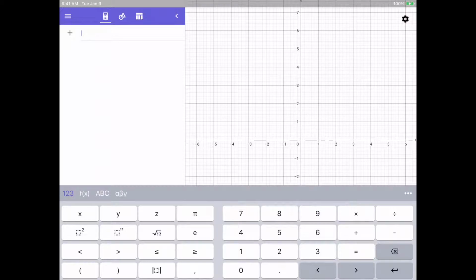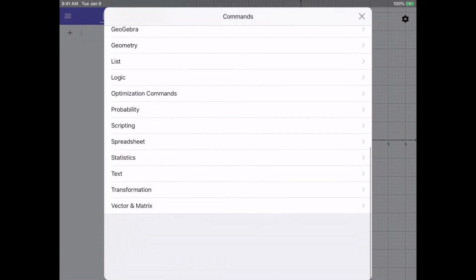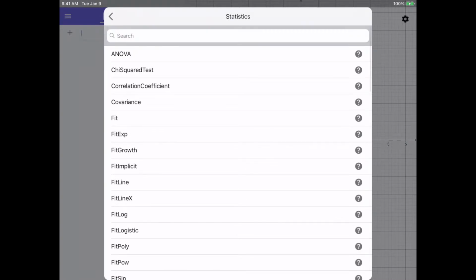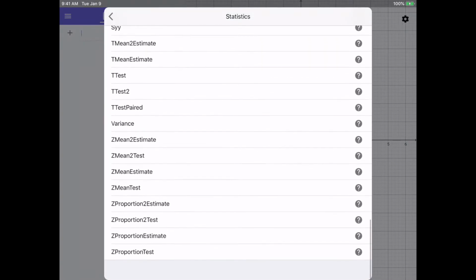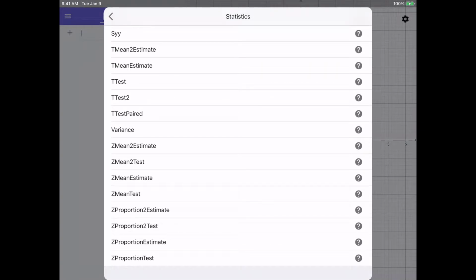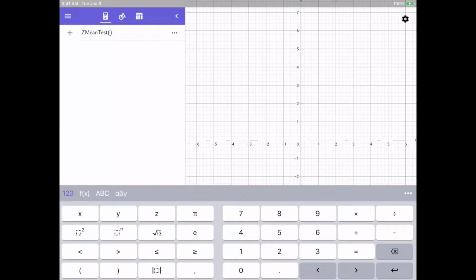Here's the GeoGebra graphing calculator. We'll click the three dots to get to the menu, down to statistics, and to the very bottom to the z_mean_test. We then need our sample mean, 106.4, comma, standard deviation is 15, sample size is 30, our null and alternative hypothesis were 101.5, and then we need our greater than symbol.